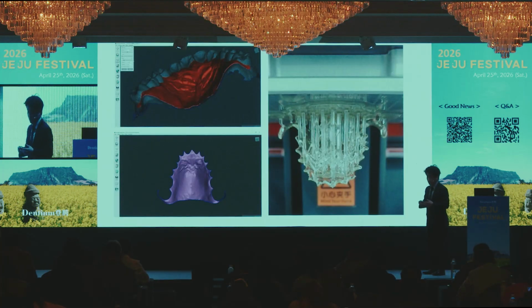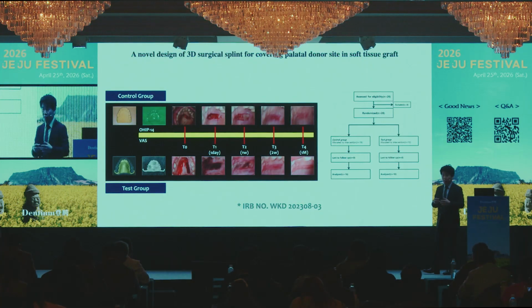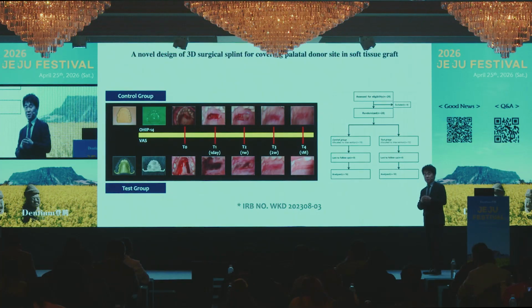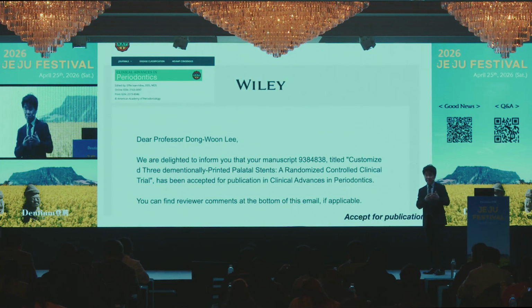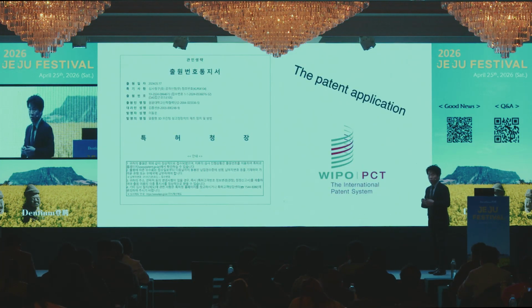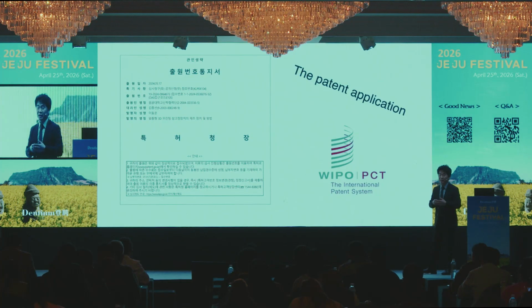So this is already a prospective study to compare with the conventional type of Omnibag. Also, I published recently, and the patent application is underway. So I look forward to many clinicians using it in the near future.